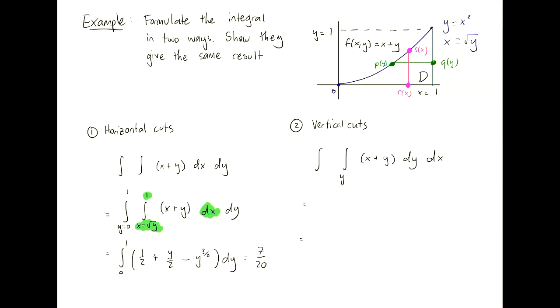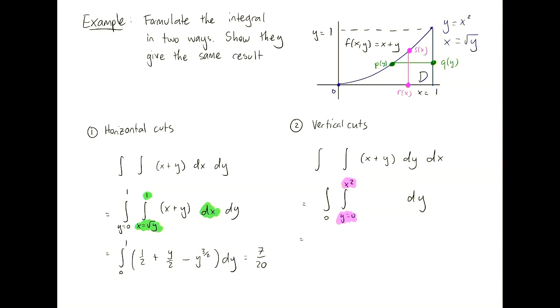I'll do that below. So we want to go from 0 to x squared, and that is dy. And this corresponds, of course, to the magenta curve.